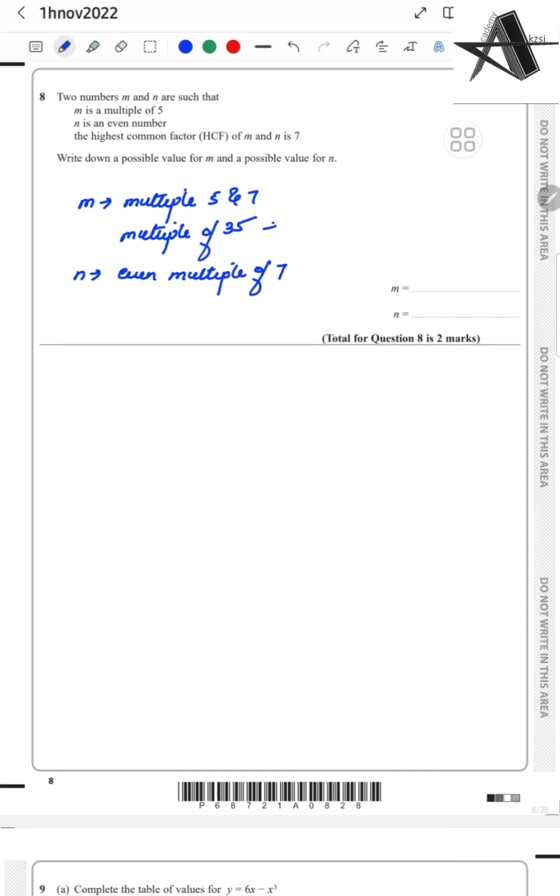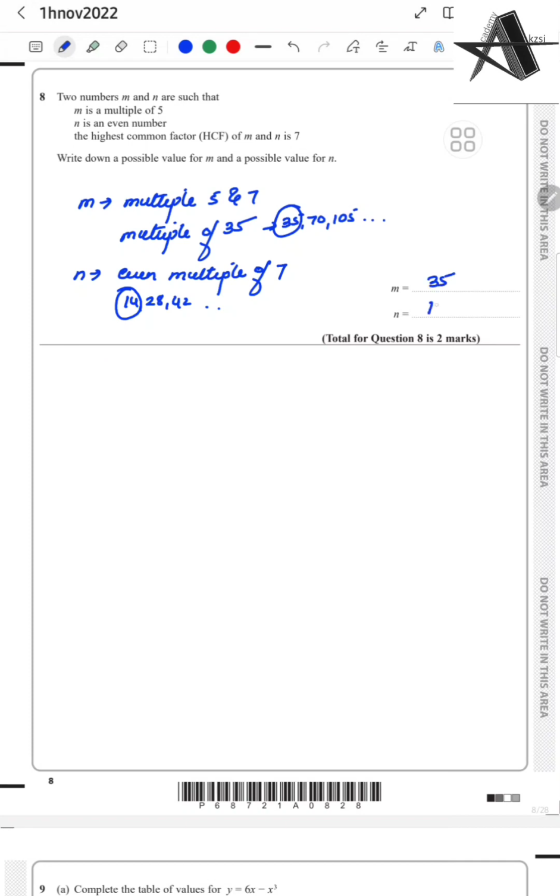Write down possible values: 35, 70, 105, and so on. This will be 14, 28, 42 and so on. If you see 35 and 14, definitely their HCF is 7.